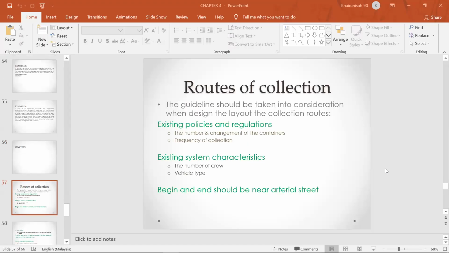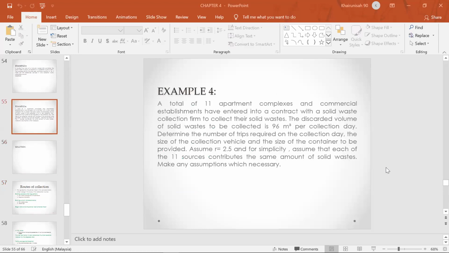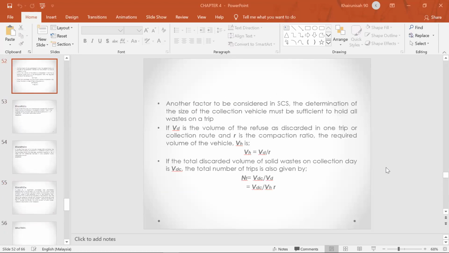So for this question, you need to link with the formulas that are given. That is why VH equals VD over R. That's why we applied the discarded volume over R based on the number of trips.